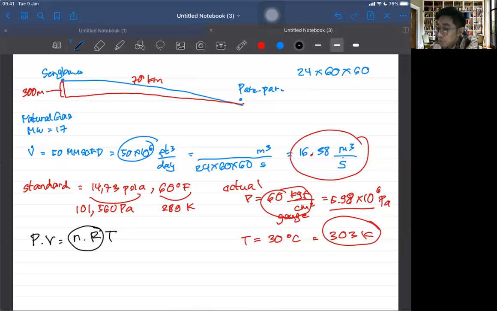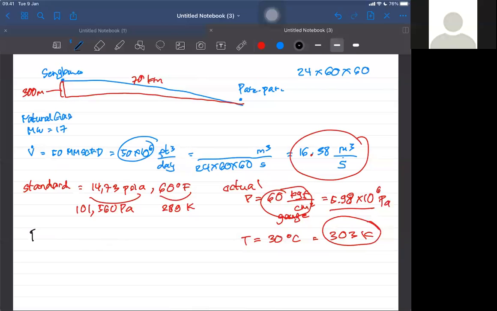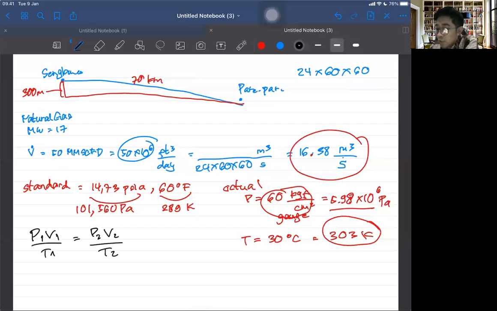So you can use PV over T, yes, with the standard condition as condition number one and the actual condition as condition number two. And you can replace V1 with the volumetric flow rate, and then V2 you get the actual volumetric flow rate.